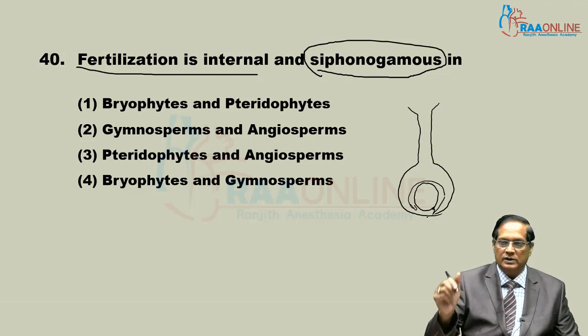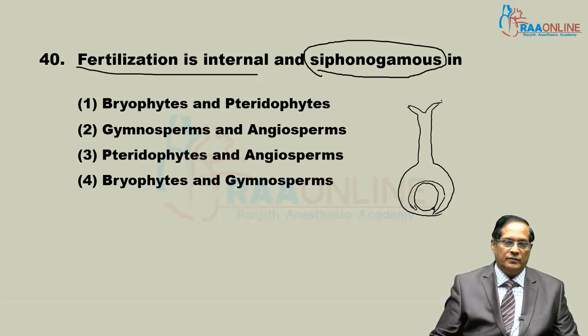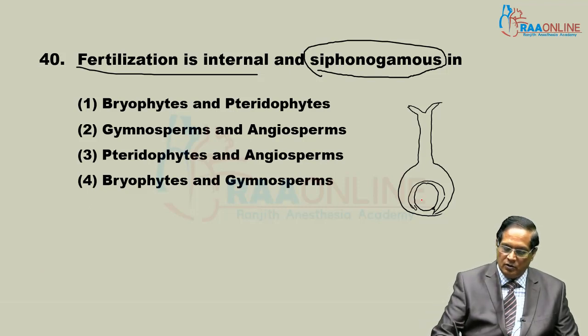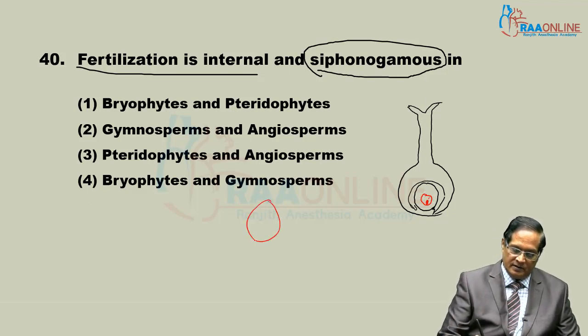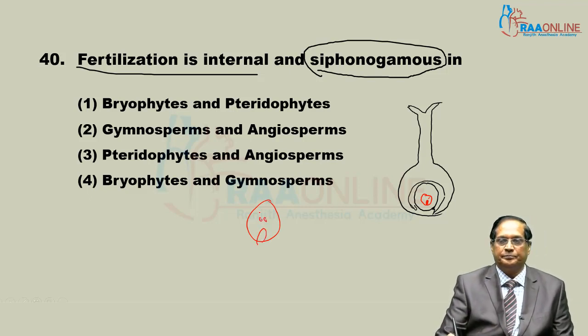Inside the ovule, the female gametophyte is there. This is the egg cell, and these two are the polar nuclei.